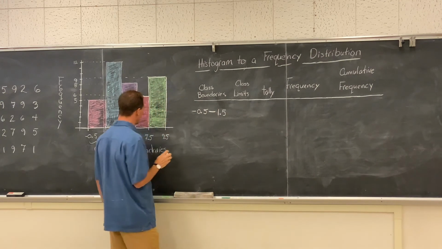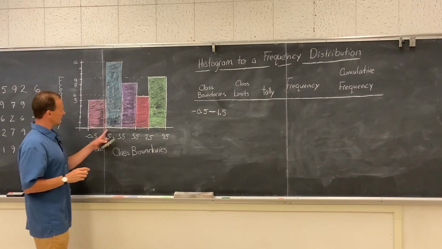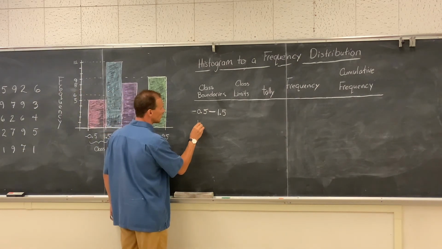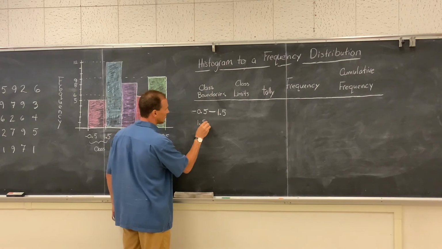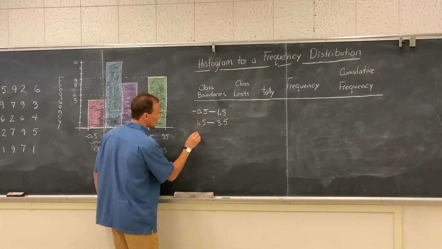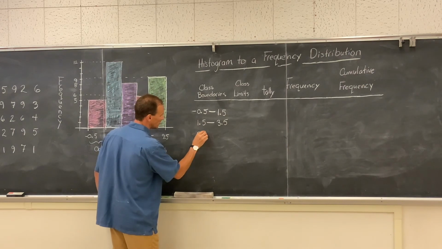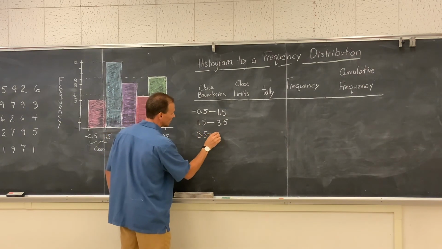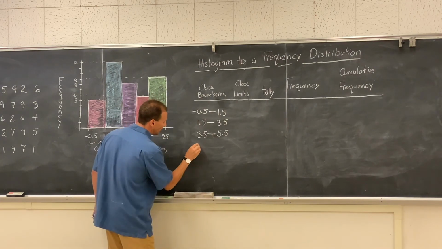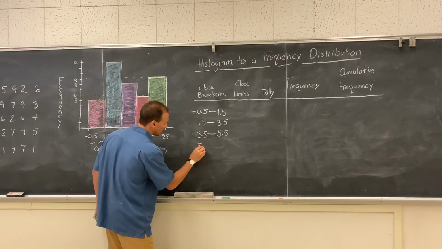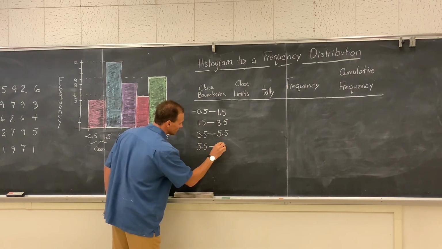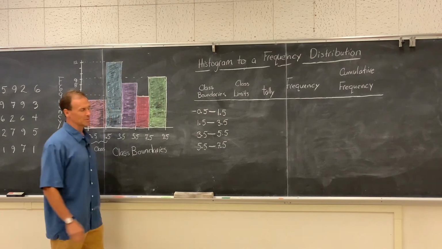Then this boundary here is from 1.5 to 3.5, 3.5 to 5.5, 5.5 to 7.5. Okay, I might have done those a bit fast.